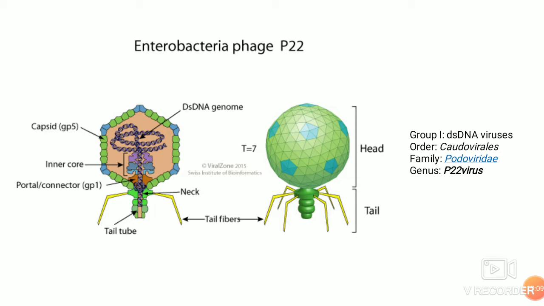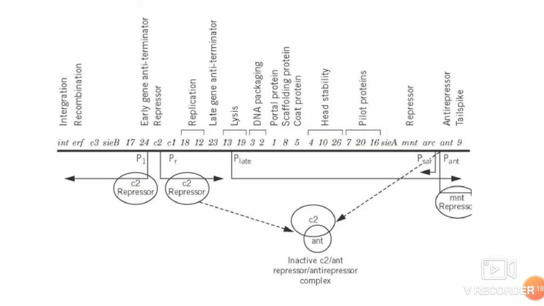Following infection, the double-stranded DNA circularizes by homologous recombination between the terminal redundant regions, yielding a circular double-stranded DNA that represents a single copy of the phage genome.